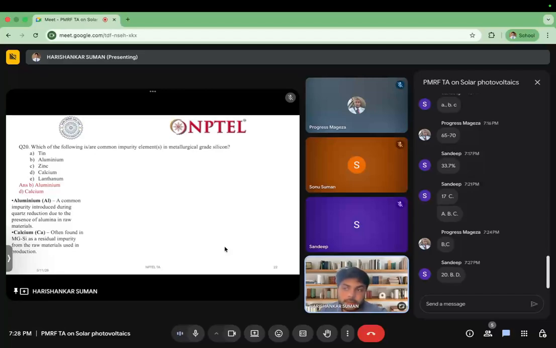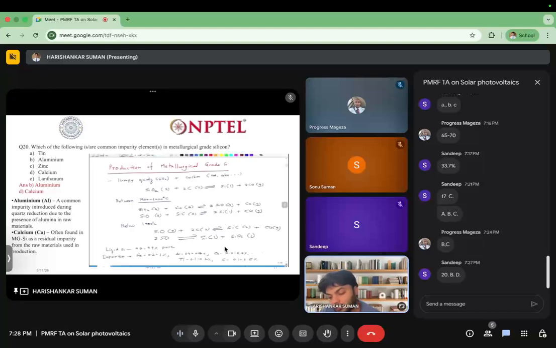So this is the explanation, please see. Also, in production of the metallurgical grade, you can see SiO2 reacts with carbon to give silicon, and carbon oxide gas will evaporate, and also the process you can see below.